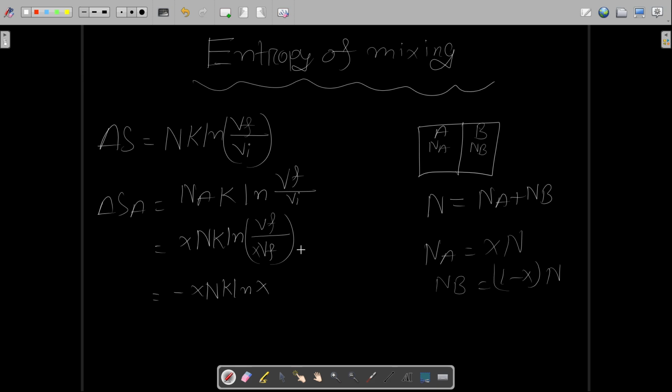We can do something similar for the B gas. So delta S B equals minus (1 minus x) n k ln (1 minus x).